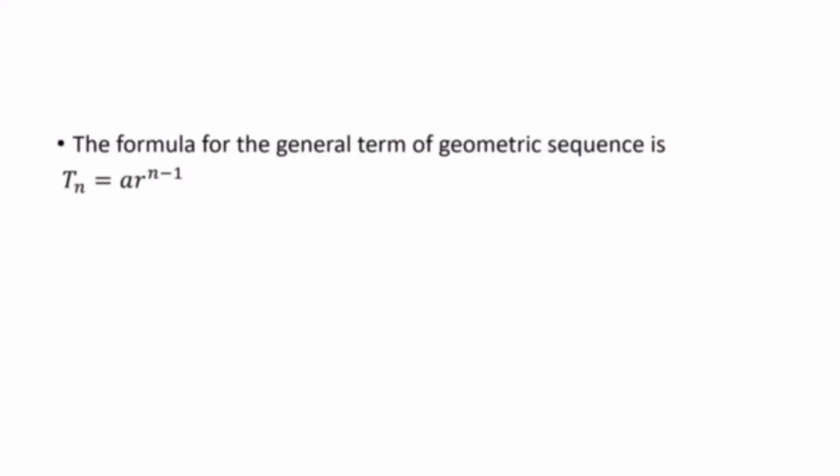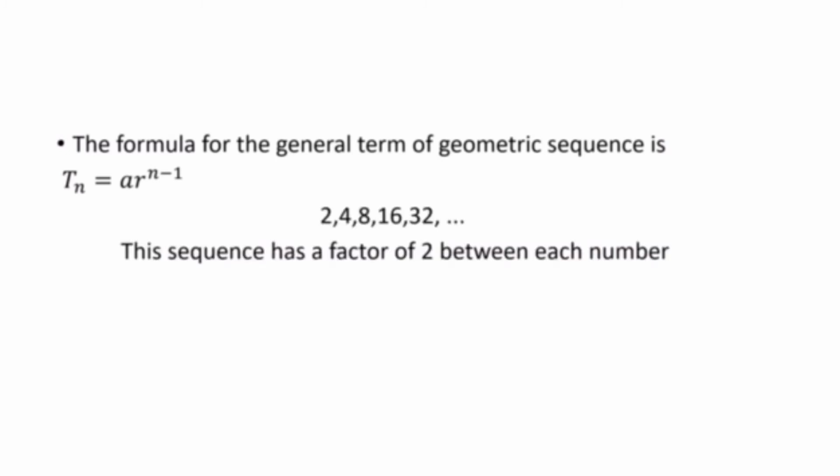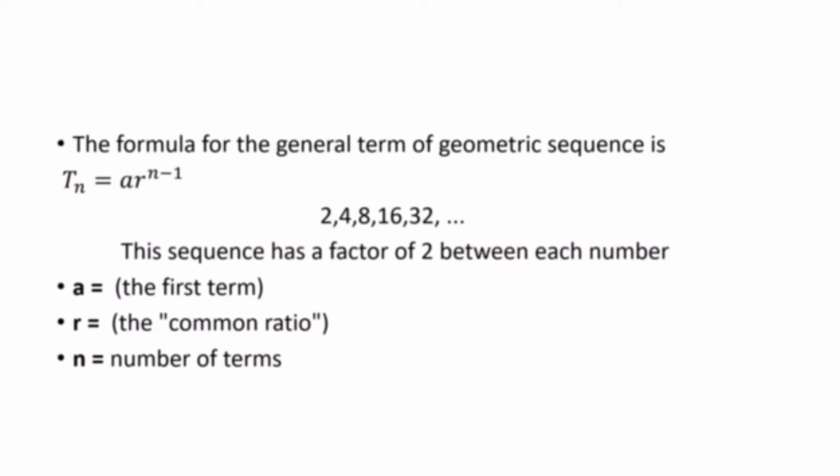The formula for the general term of a geometric sequence is T equals A multiplied by R to the power of n minus 1. This sequence has a factor of 2 between each number. A is the first term, R is the common ratio, n is the number of terms.